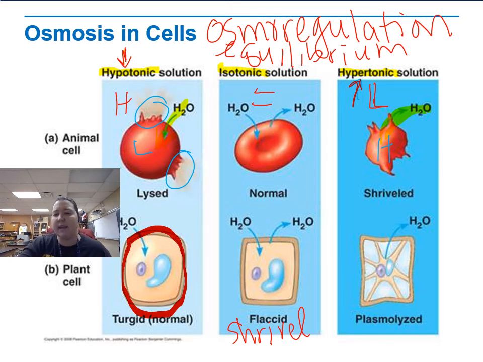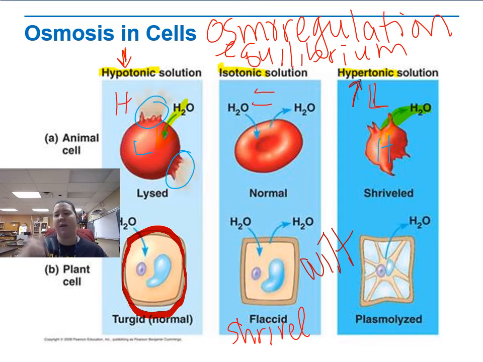And you can see that happening also in a plant cell. The plant cells, again because of that cell wall, don't necessarily shrivel the same way that an animal cell does, but it's still the same kind of method. And like I said, this is where you'll start to see plants wilting, falling over, and their leaves get a little wrinkly.